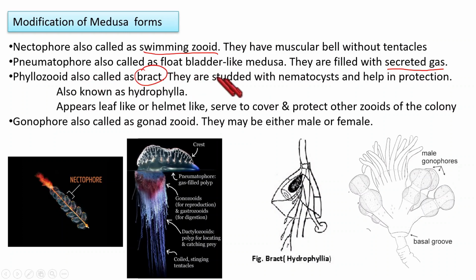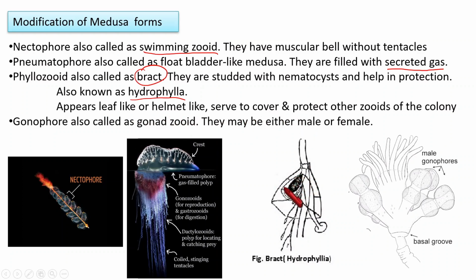This phyllozoid is completely equipped with nematocysts. That means it is concerned with protection. There is another name for this phyllozoid, that is hydrophyllium. Its appearance is like a leaf or helmet, and it covers and protects other zooids of the colony.